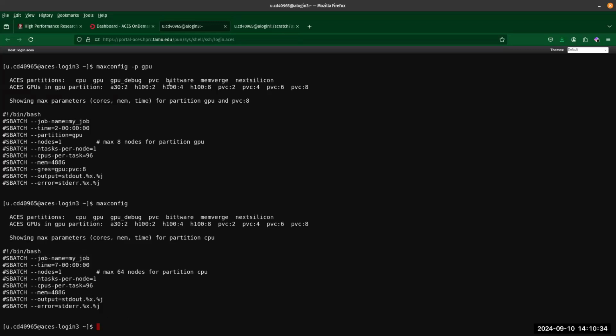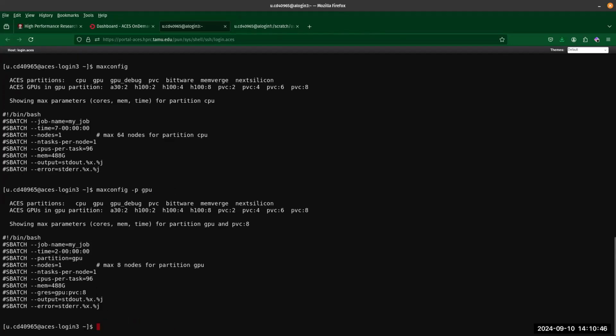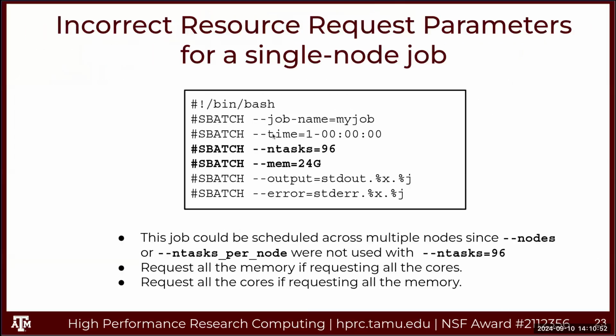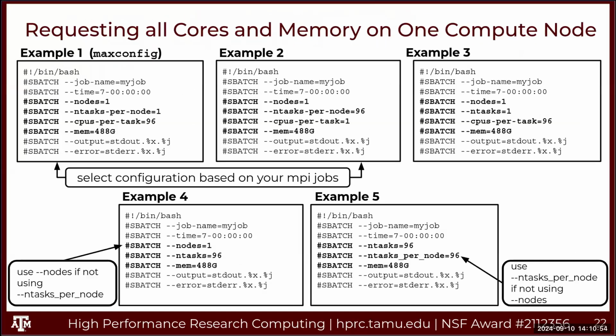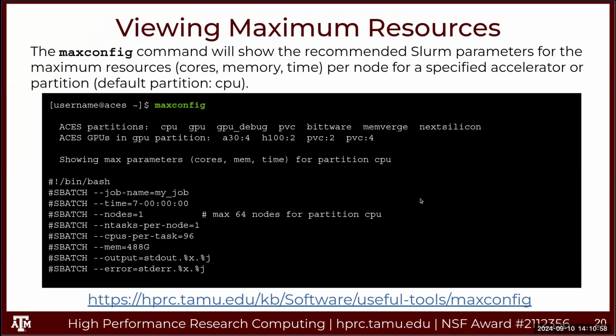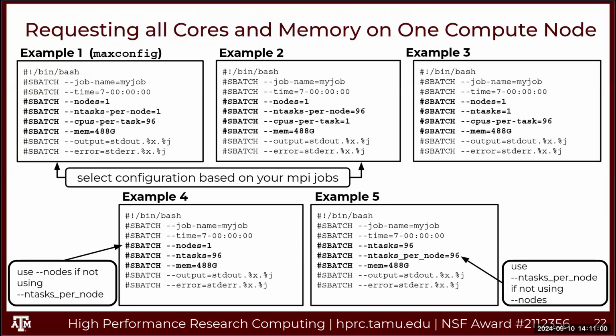For the GPUs, I'll have to fix that. We've got a lot of PVC nodes now. Oh, actually, what did we do? We do GPU. Still showing. All right, I'll have to fix that. But in our example, if I have a GPU, I have another slide later to show that.